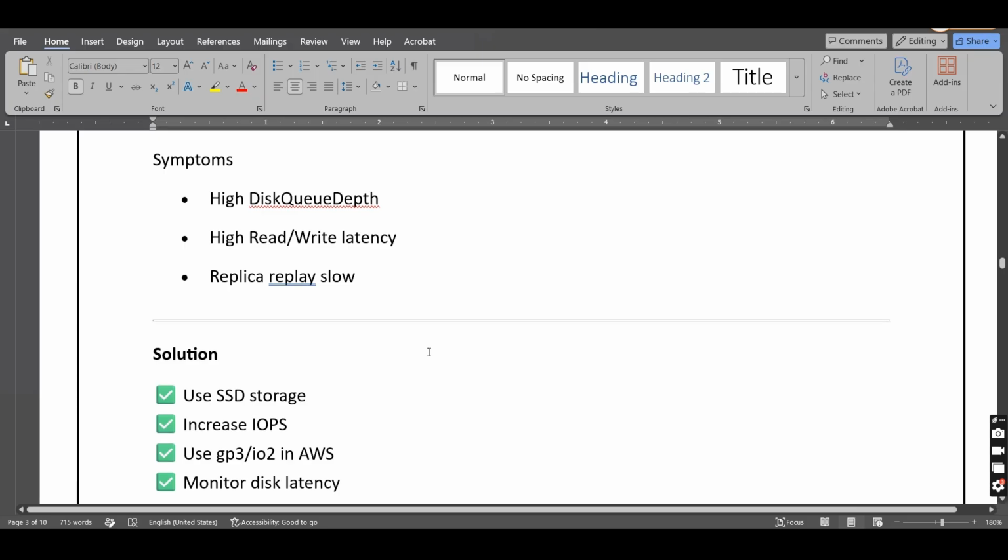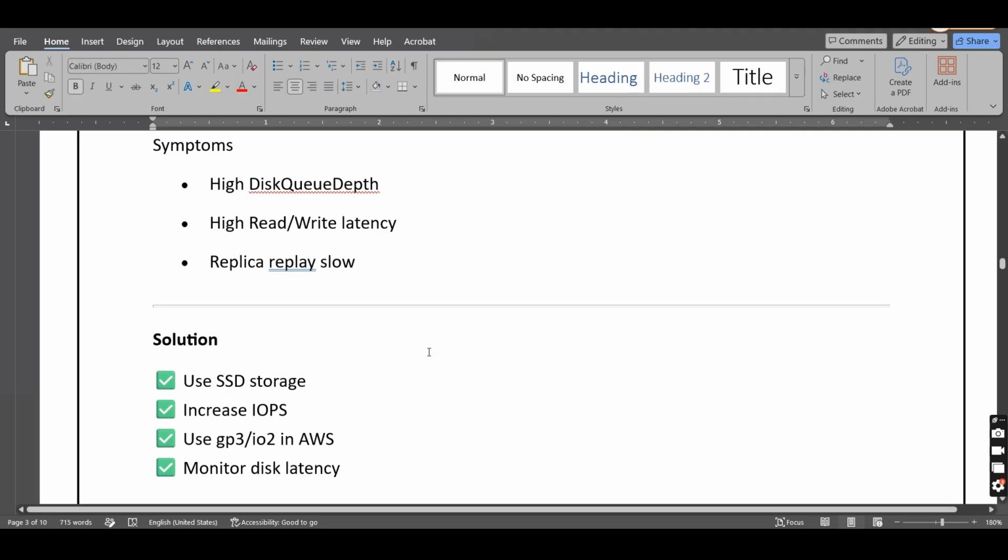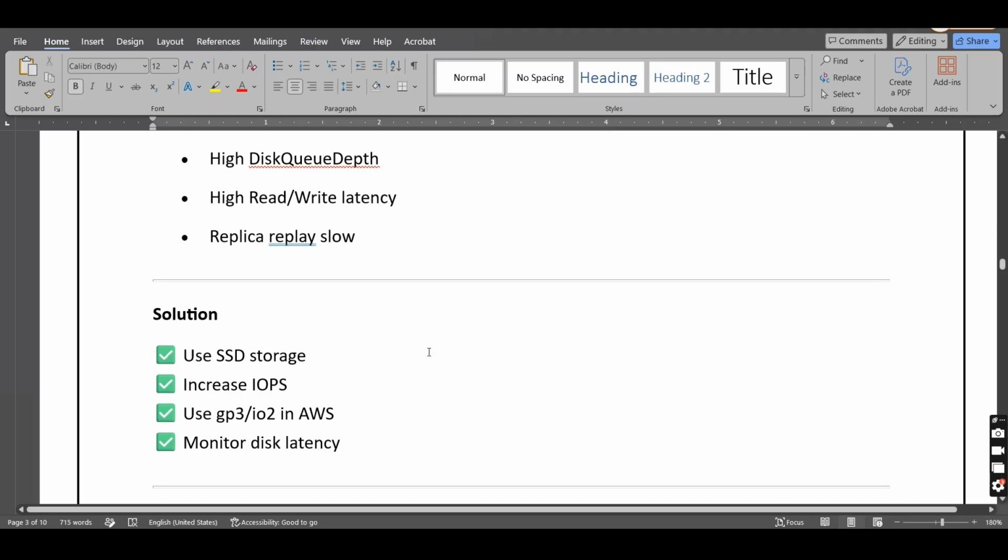For slow IOPS operations, you will have the following solutions. Use SSD storage because it is faster in execution, faster in IOPS. If you have already selected your storage type, then you will have to increase the IOPS, that is the input output per second. Or you can go with the GP3 or IO2 storage types in AWS. And similarly, you can monitor your disk latency. So these are a few things you can do.